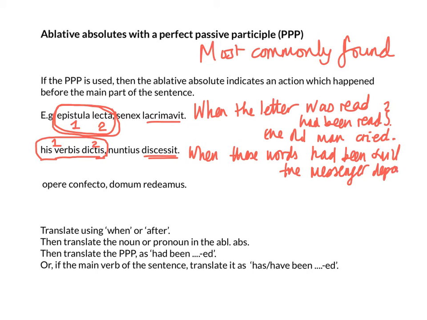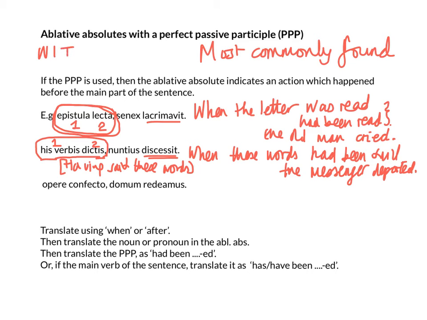Now at this point you might think, well, let's tidy up the English a bit and make it even better. And I could say, having said these words, comes to the same thing. What you want to avoid doing, though, is translating these ablative absolutes with the word with.